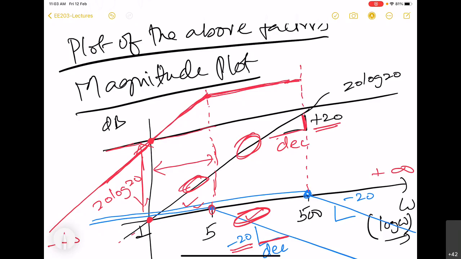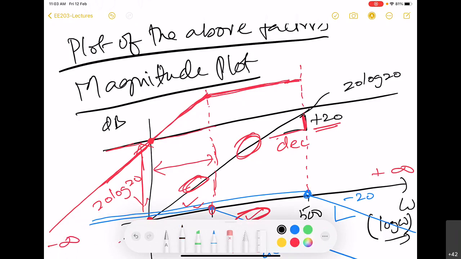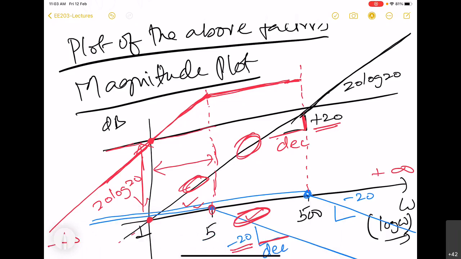And after 500, you will see that there will be 3 curves. One is this 0 at origin with contribution of plus 20 dB, and then we have our older pole at 5 with minus 20 dB contribution.